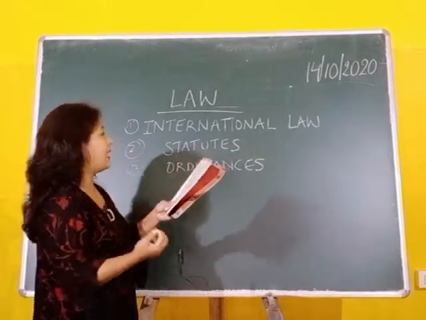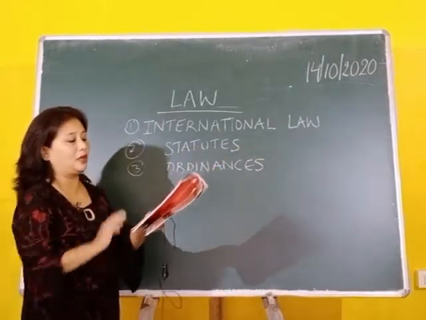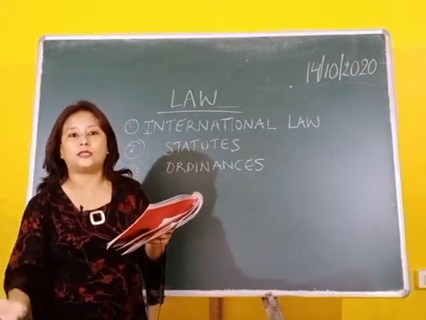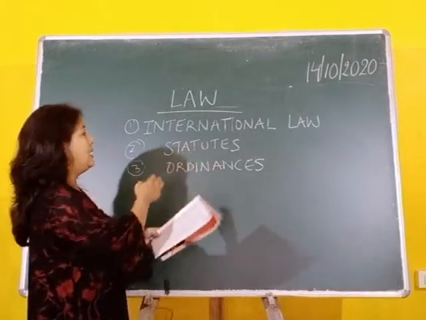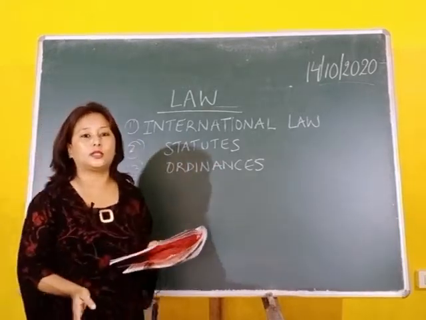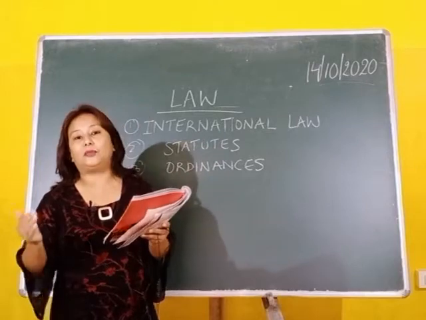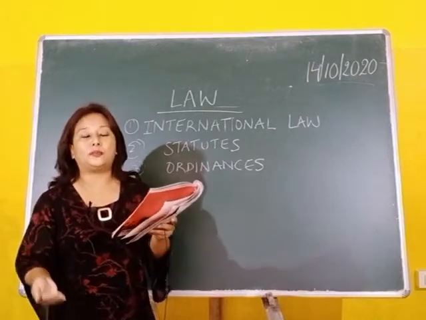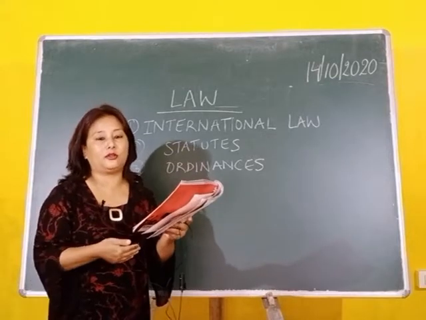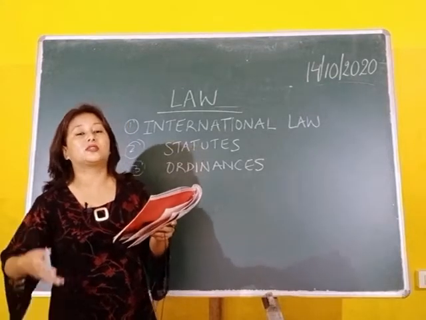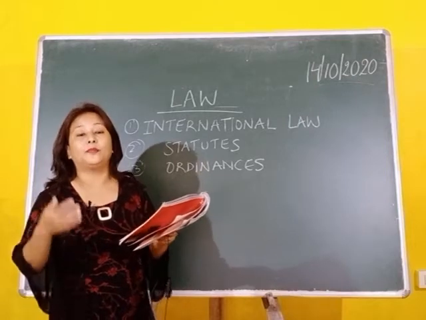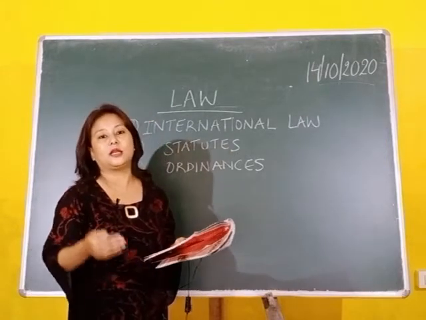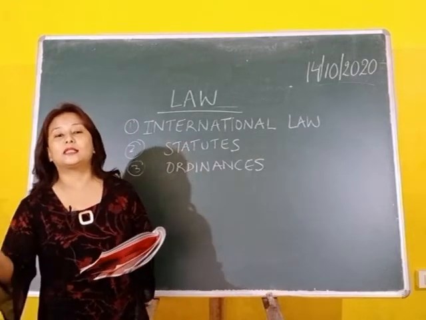Then next comes your statutes. What are statutes? These are also known as ordinances. But here, statutes are those laws which are passed by a legislative assembly. An example you can give is the laws passed by the Indian Parliament, or the laws passed by the British Parliament. They are considered to be statutes.